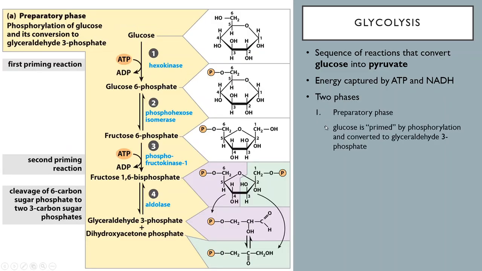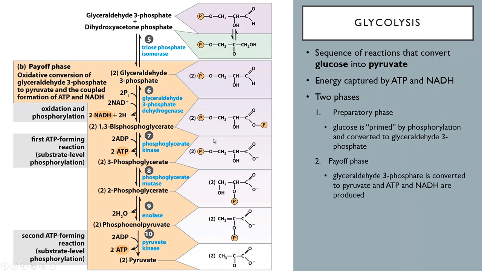So we'll talk about the preparatory phase first. Again, the preparatory phase is basically about getting the glucose ready to be oxidized and to extract ATP from. So it mostly involves phosphorylating the glucose. There's 2 phosphorylation reactions, and then breaking it into 2 molecules of glyceraldehyde 3-phosphate.